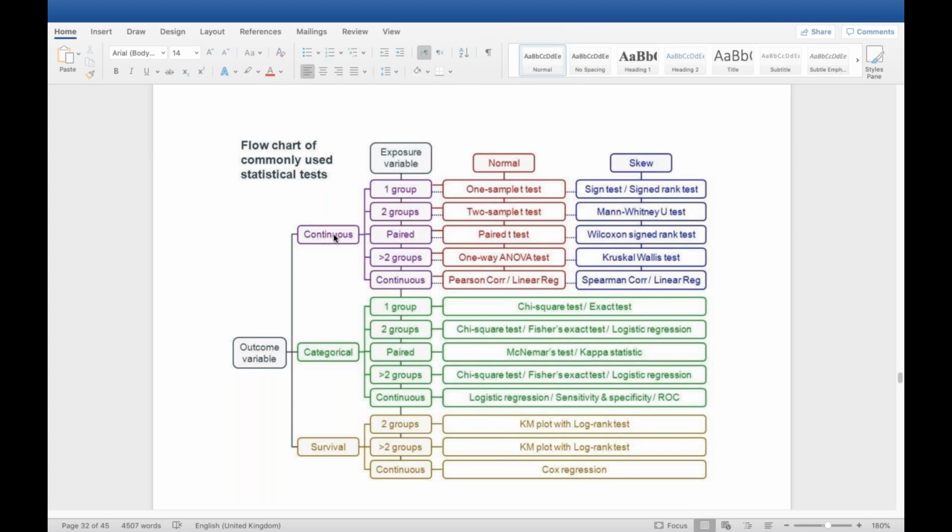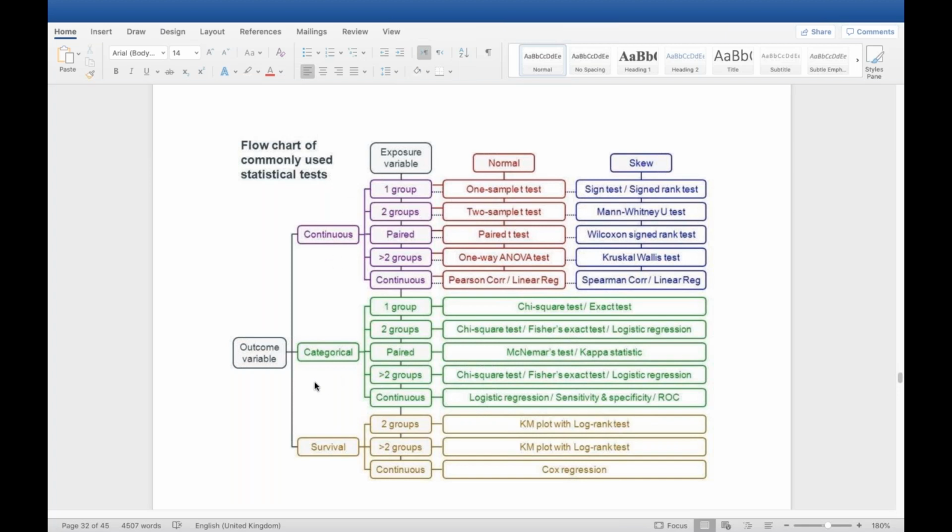If the outcome of your study is continuous, what do you mean by continuous? Just to make things very easy, continuous means numbers. If the outcome of your study is numbers, you just go through this purple thing.